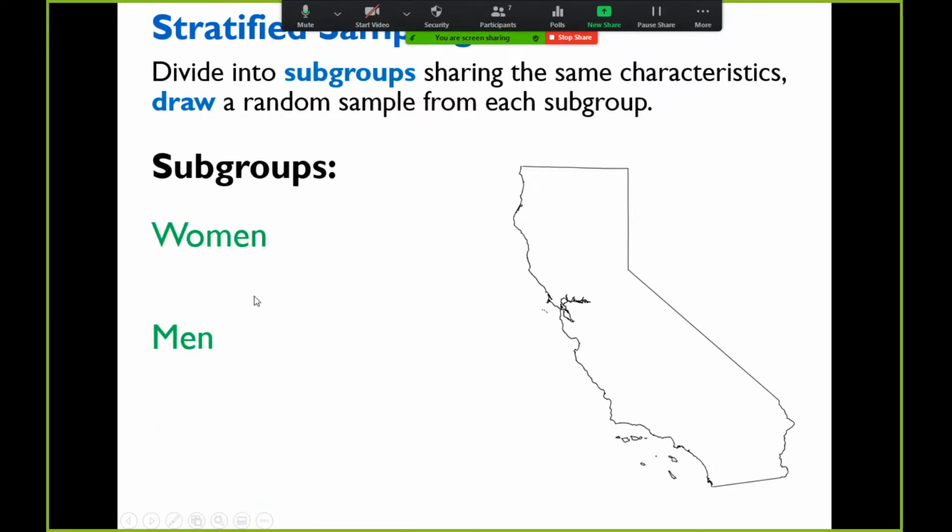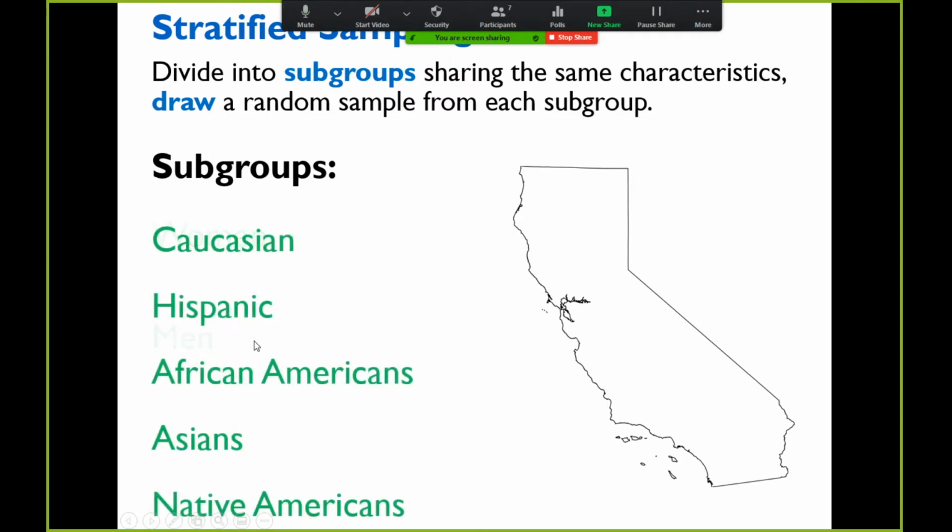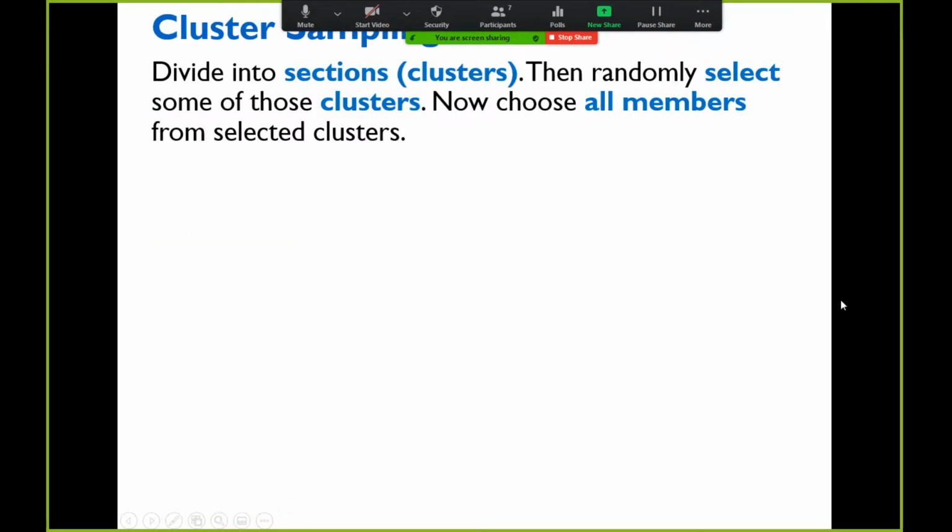You want to make a comparison about who approves of Trump, women compared to men, or the percentage of those who approve of Trump based off of their ethnicity. Cluster is ideal when it's physically difficult to get a random sample.